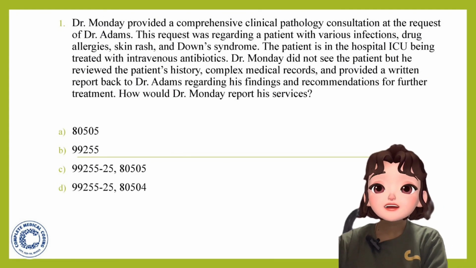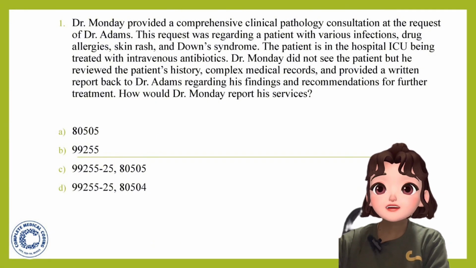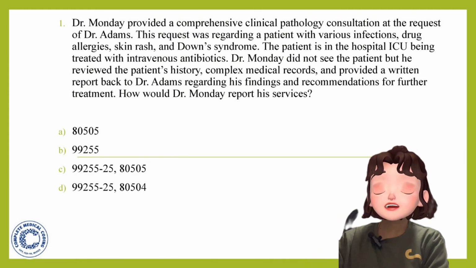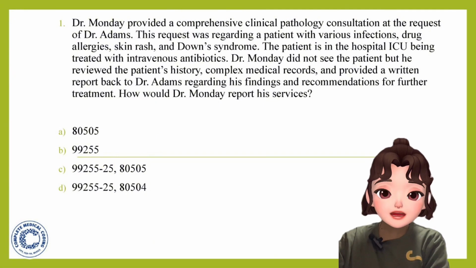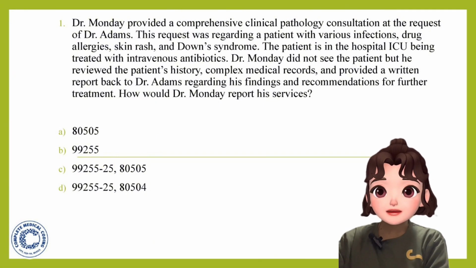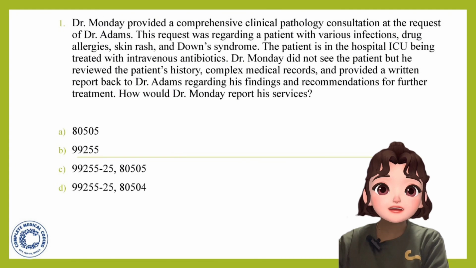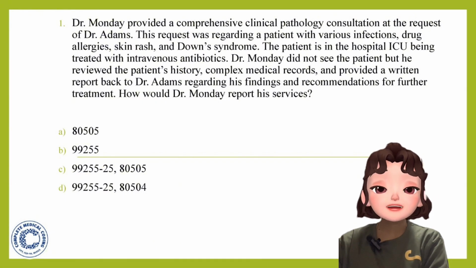Still, let's go and check what 80505 is and what is mentioned in the question. The request was regarding a patient with various infections, drug allergies, skin rash and Down syndrome. Obviously Down syndrome and all these are complex diagnoses, right? The patient is in the hospital ICU, being treated with antibiotics. And Dr. Monday did not see the patient but reviewed the patient's history and complex medical records.